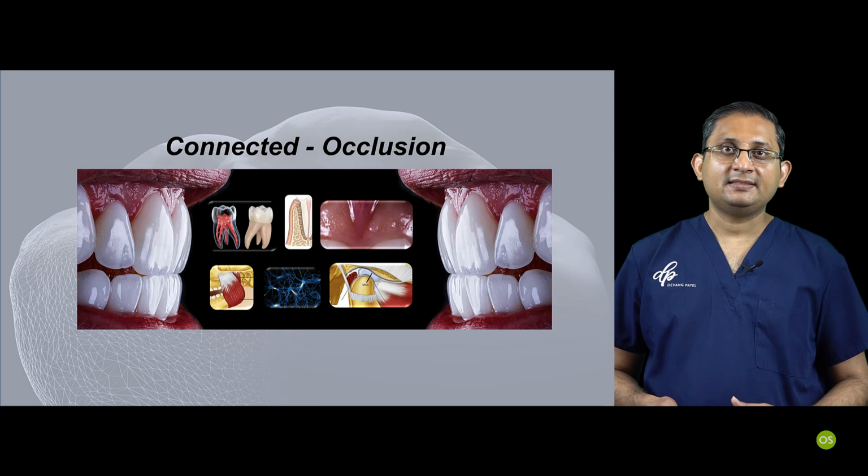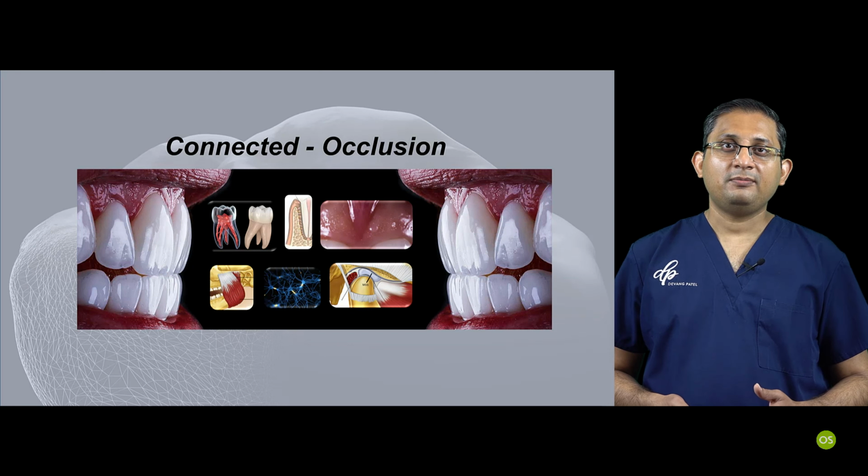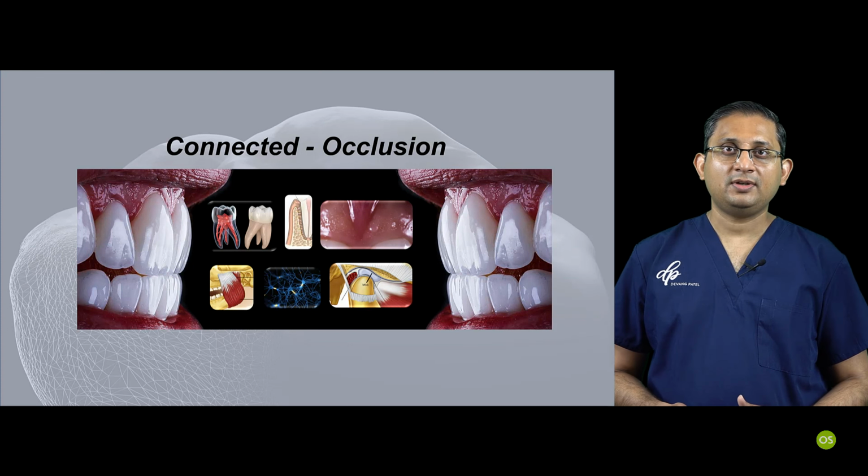Because of this, it's a complex system, which we are trying to make as simple as possible. So when you're looking at some of the issues, you need to consider all of this together. For the purpose of this series of lectures, we are assuming that the rest of it, the TMJ, the neuromusculature and everything, is normal, and we are concentrating on the teeth.